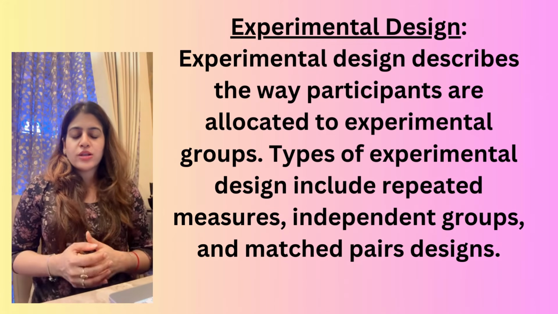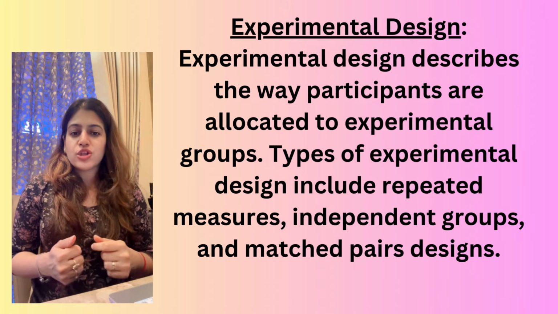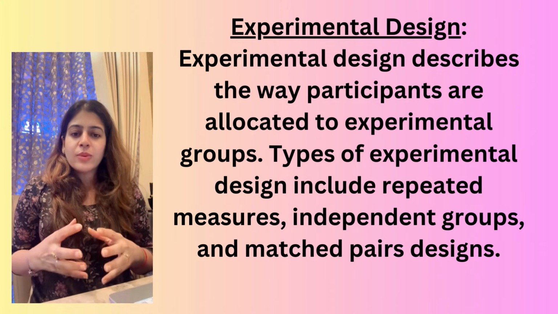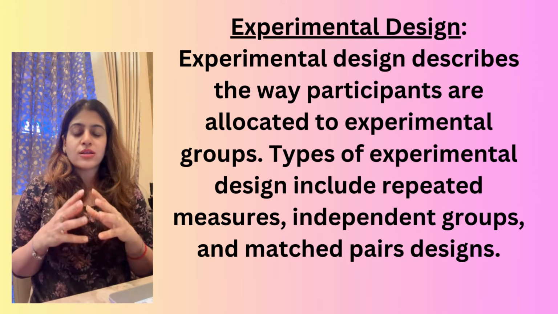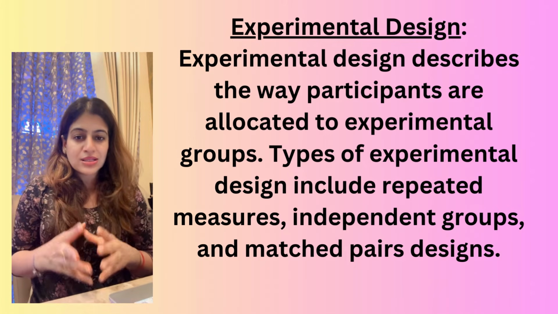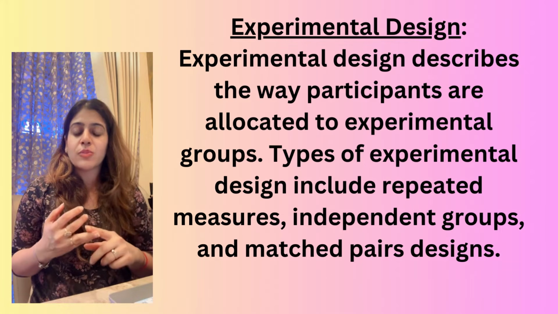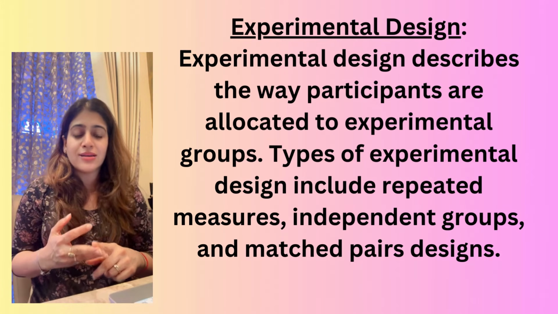The next way to control the extraneous variables is taking care of experimental design. I will have one full exclusive video on experimental designs, where I'll be telling you about different experimental designs: independent, repeated, and matched pair designs.